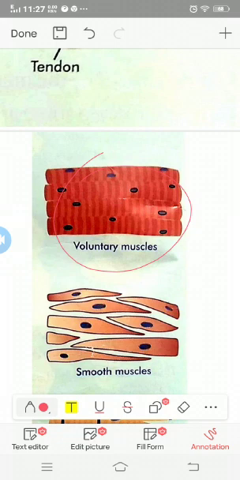These muscles are found in arms, legs, eyes, tongue, etc. Now the second one is involuntary muscles.